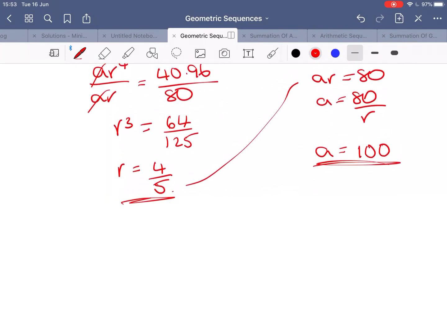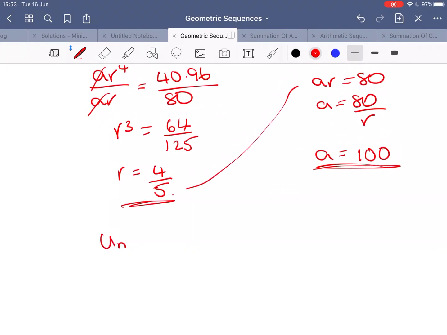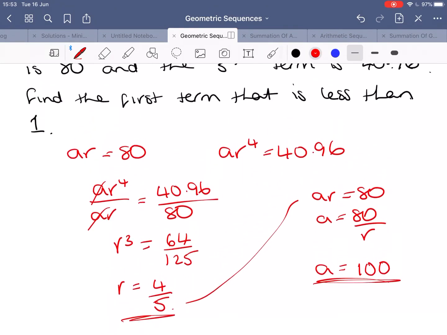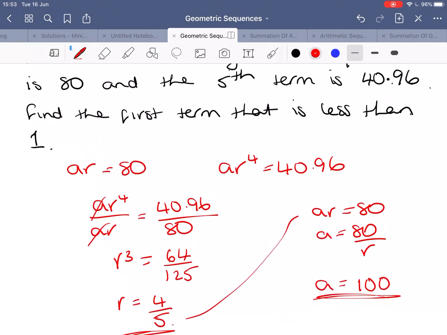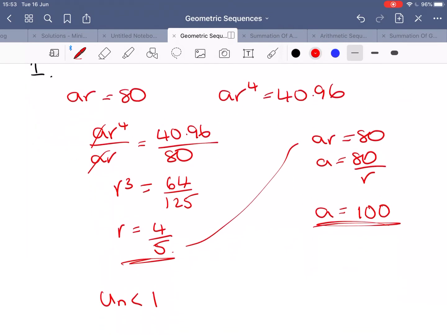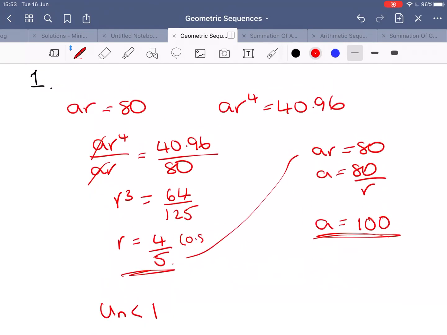And I want to know, when is u_n less than 1? This is an interesting one because as the terms go along, they're getting smaller. So there will be a point at which the answer becomes less than 1 because we're multiplying by 0.8 each time.